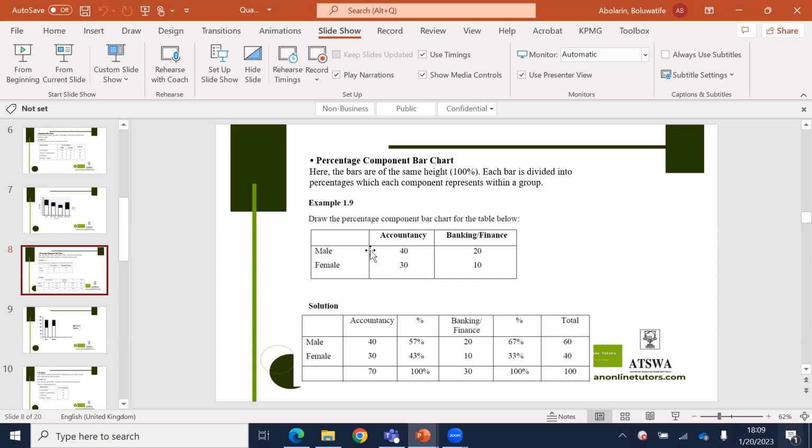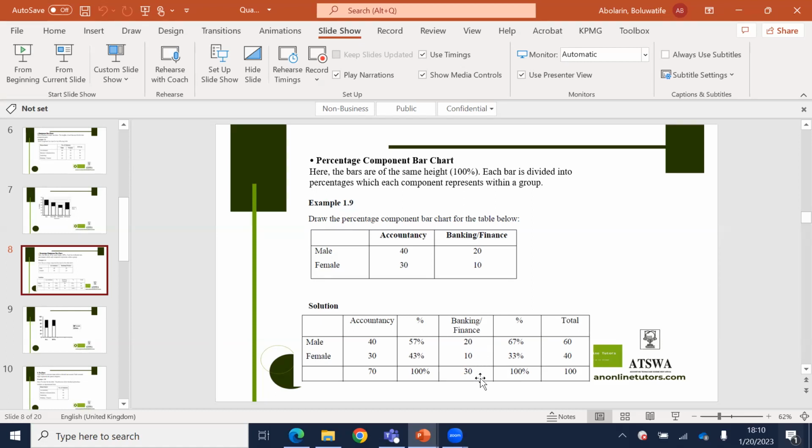So now you are going to do the same thing for banking and finance. I'm going to create another column, and that column is 2010. I'm going to look for the total, which is 30. So you are going to make another one in percentage. It will be 20 divided by 30 times 100.